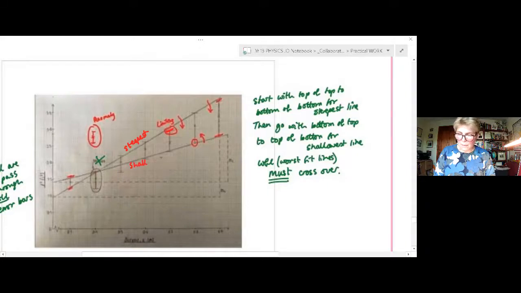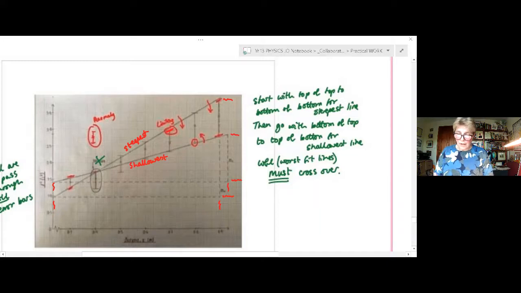Now you have to go about trying to get the uncertainty in the gradient. So you've got yourself 2 triangles here, and you've got to be careful with the read-offs. Put the read-offs where you can access them easily and where you actually read off from the graph, all right, and then put it into your working, all right.